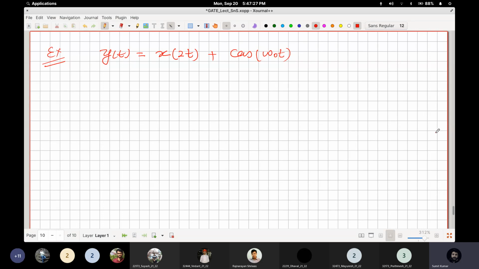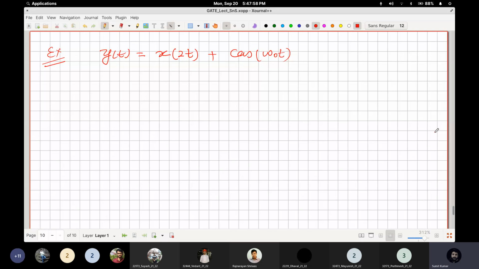I am adding a function of time to a linear system. y of t is equal to x of 2t is linear, isn't it? And you are adding a well-known function of time, cos omega naught t. So it's going to be non-linear.